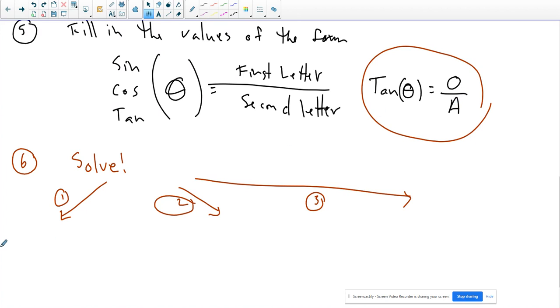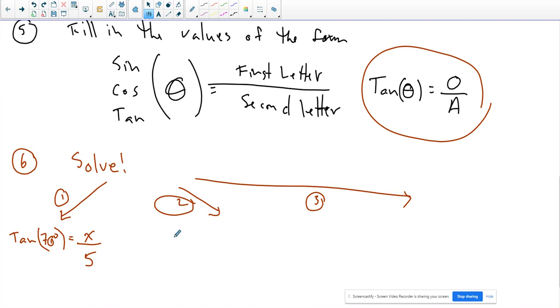So case 1, we'll start with the easy one. So imagine that we had the tan of 70 degrees is equal to x over 5. So this is where the variable appears in the numerator, and we have values for the angle and the denominator.